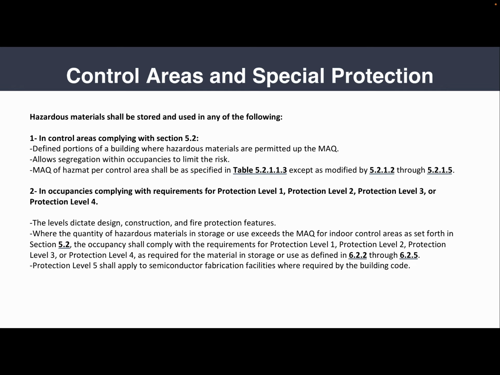That includes heavy-duty ventilation and separation systems. Protection level 3 applies to materials that readily support combustion. And protection level 4 is for acute health hazards, such as corrosive and toxic materials that require containment and ventilation systems to protect personnel. Each level ensures that as the hazard increases, the level of safety and engineering control increases proportionally.